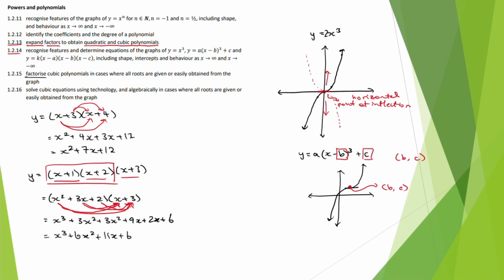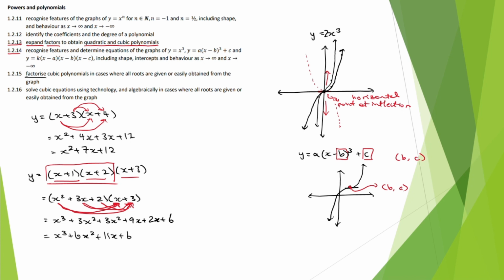So if we are looking at 2x cubed, for example, or 2(x take b) cubed plus c, what generally happens is everything gets stretched out in the vertical direction. So what was initially at x equals 1 is now at x equals 2. And what was initially at x equals 8 is now at x equals 16. So essentially what happens is we have something that goes much steeper down like this.